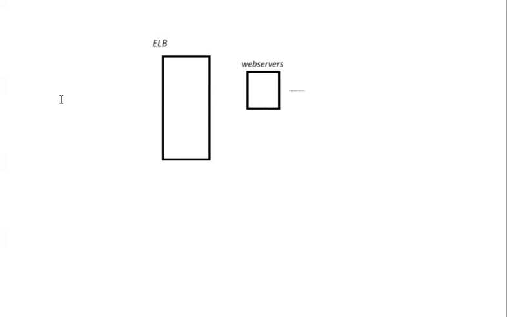Now, let's say I've created this load balancer also. Now, how does my user reach this elastic load balancer? Let's say I have a user who is present here and he opened his system.